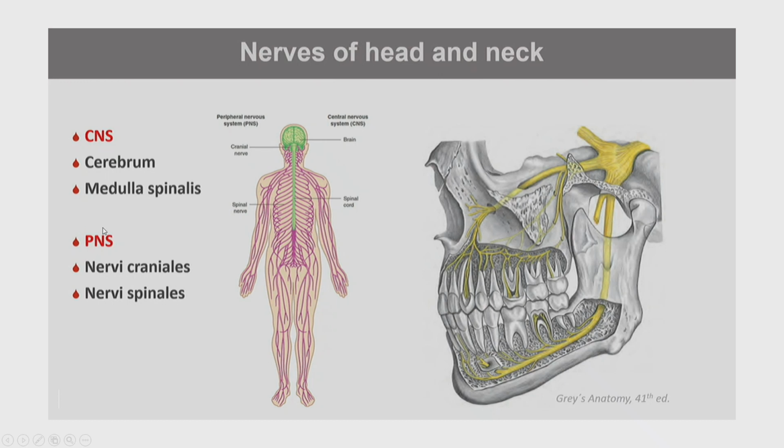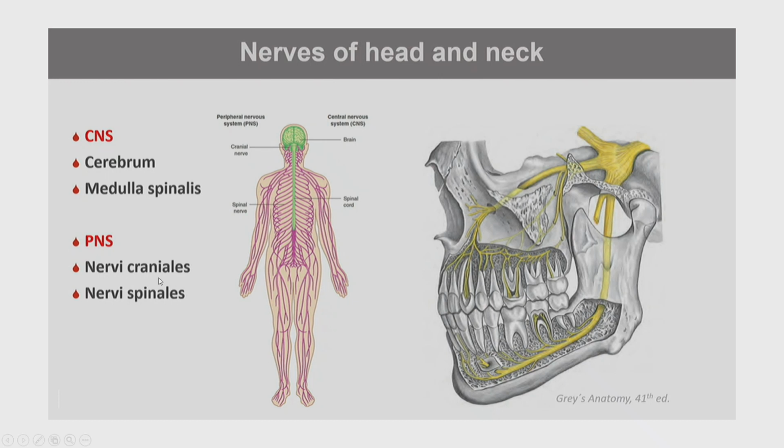And this peripheral nervous system, we divide into the cranial nerves, that you are already familiar with, which cranial nerve passes through which opening of the skull. And we also have other nerves called spinal nerves, the details of which we are going to discuss in the second semester.